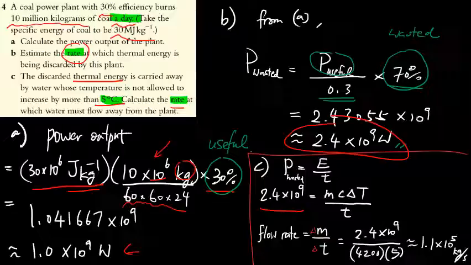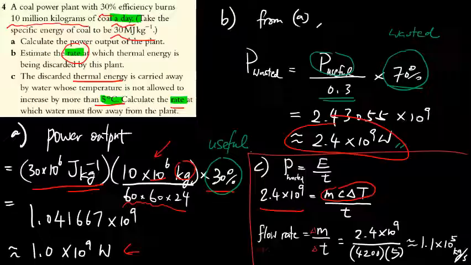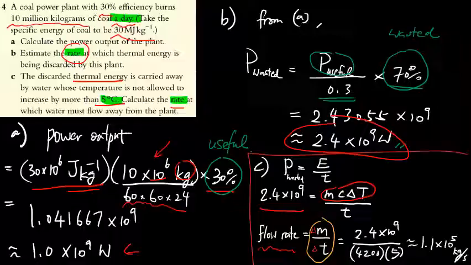And then this energy will be absorbed, calculated by mcΔT, what you learn in thermal. So mcΔT over time. So if you are asked to calculate the flow rate, then it will be mass over t, because it's talking about how much mass per second, right?